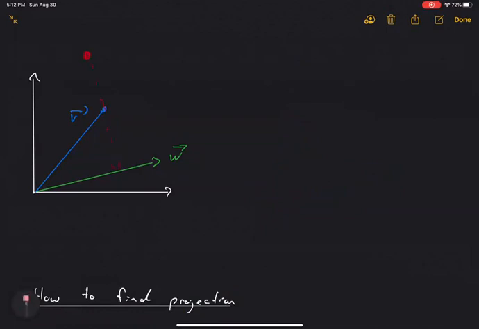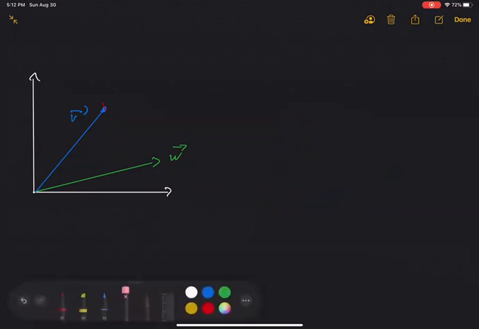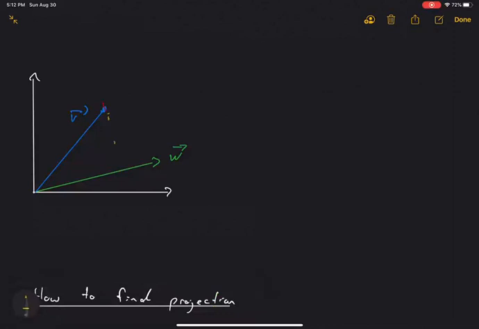What kind of shadow would v cast on that vector w? Well, my light source would cast a shadow here, and the vector that is everything up to that line would be this vector, right? So that's the idea of what the projection is.